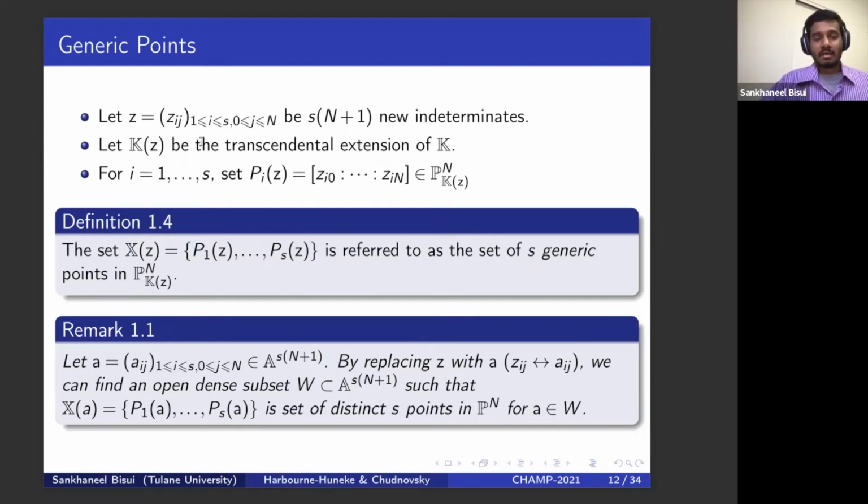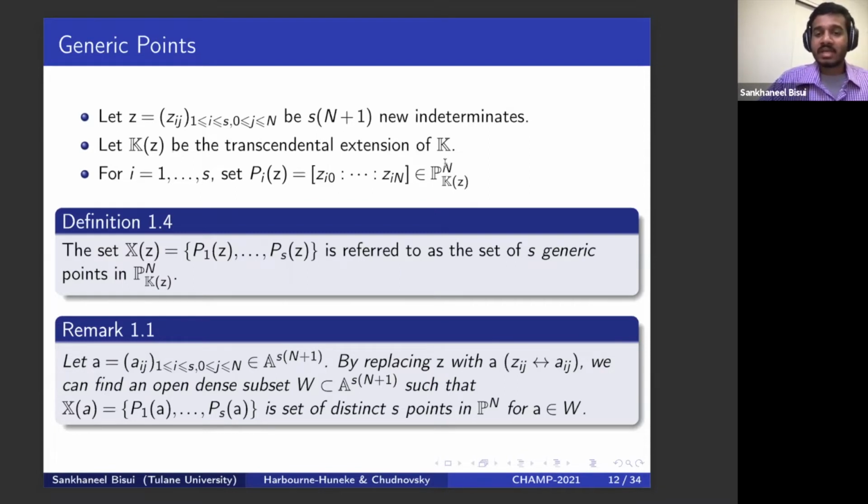Then we take the transcendental extension of the field K, and, as I said before, each row corresponds to a point denoted by P_i(Z), but this time these points sit inside the bigger projective space, P^n of K(Z).